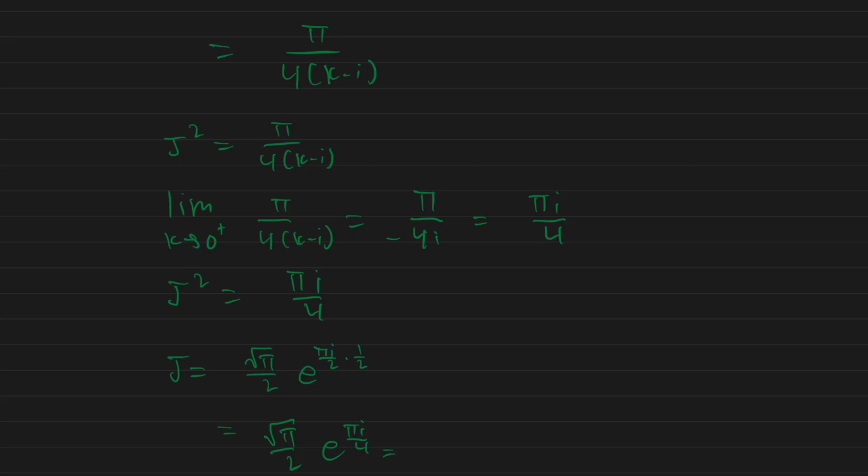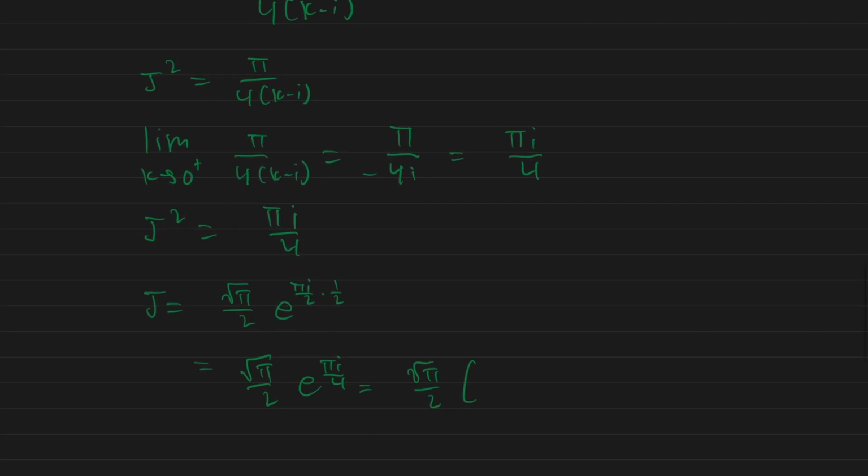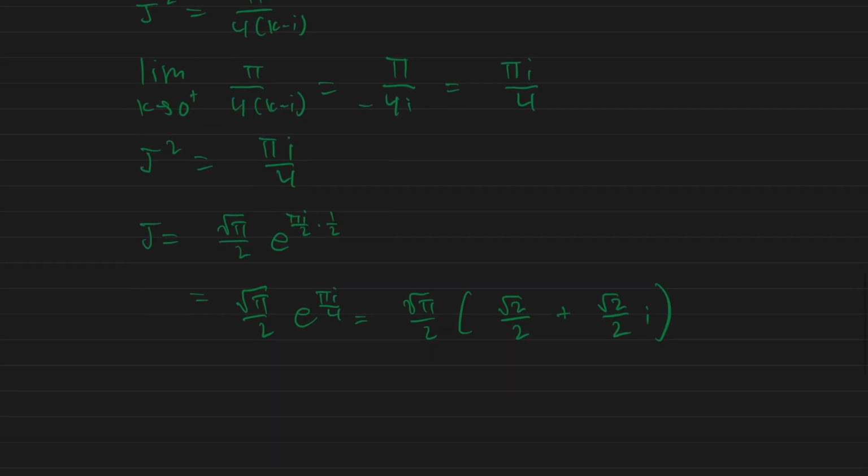Here again, you can use Euler's formula, and it's pretty easy to calculate, so I'm not going to spend time on that step. We'll get root 2 over 2 plus root 2 over 2 i, and we can now simplify this. So we're going to get the square root of pi over 8 plus the square root of pi over 8 i.